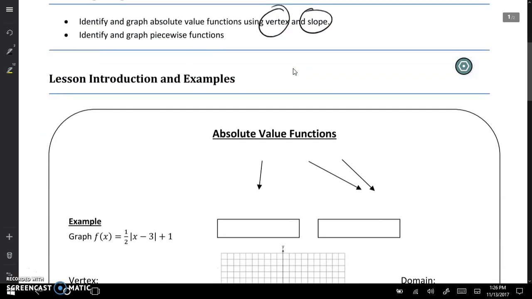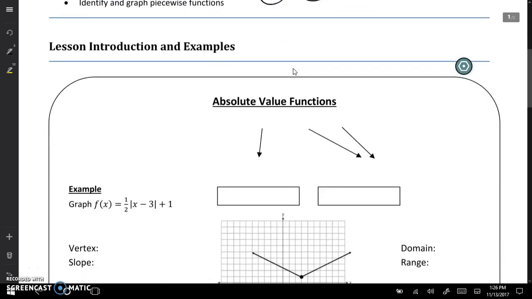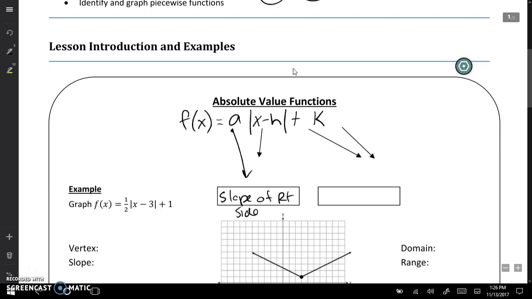The first thing we need to know is our form of an absolute value function. So f of x, remember that's just like y equals. F of x equals a times the absolute value of x minus h, and then plus k. The a value is the slope of the right side of your graph.